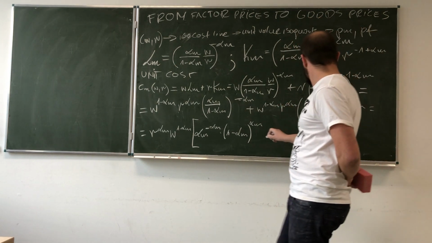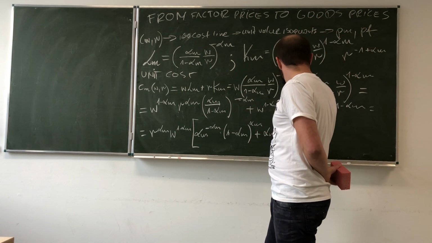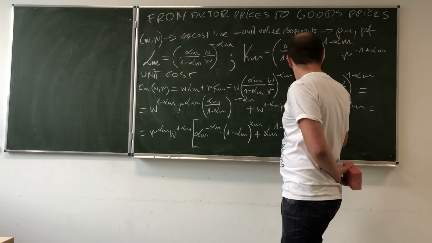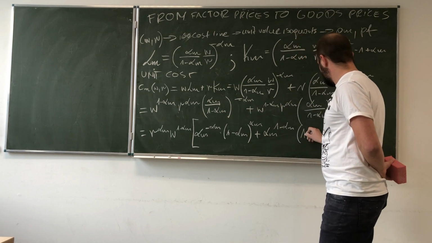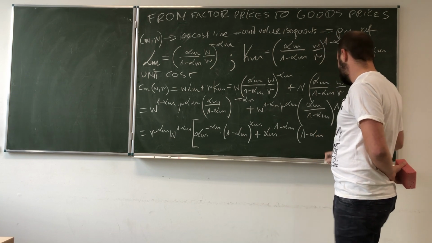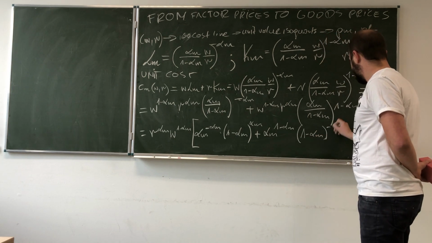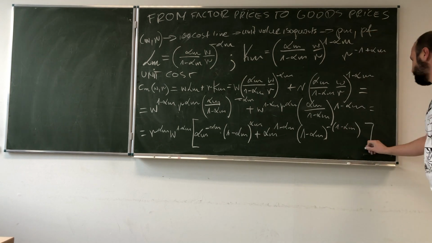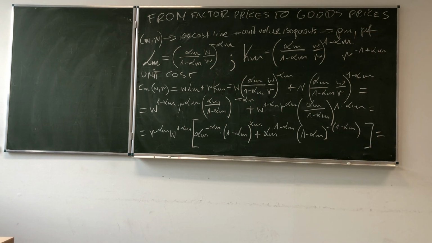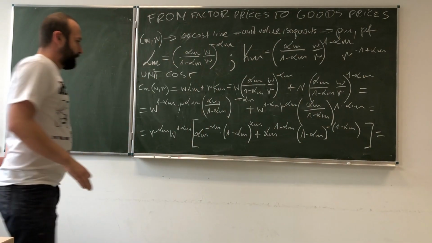And over here, plus alpha m to the power 1 minus alpha m times 1 minus alpha m to the power negative 1 minus alpha m. Okay, so let's carry on.